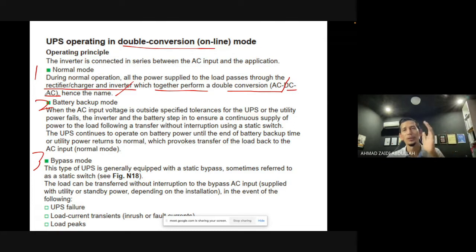So the best thing when we have this is that the output voltage and current from this conversion give us a very good quality of supply. That is the best thing about online UPS. It is like we have a filter, a filter for the supply from TNB, passing through the filter, and then we get a very clean output, very clean supply.